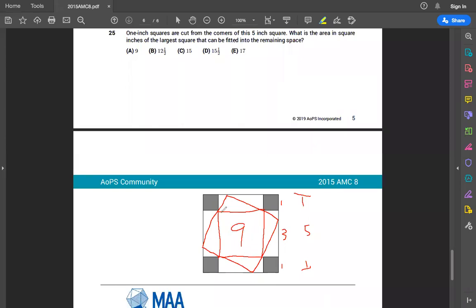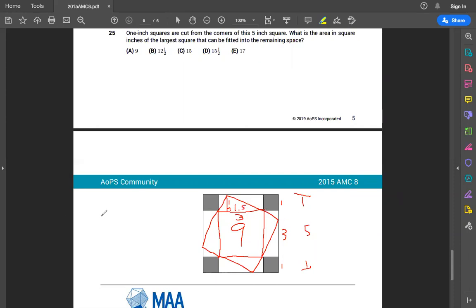Now to find the area of these other triangles, we can use base times height. Base would be 3, and the height is going to be the same as the side length of the 1-inch squares, so 1. So 3 times 1 divided by 2 is base times height divided by 2. That's 1.5.